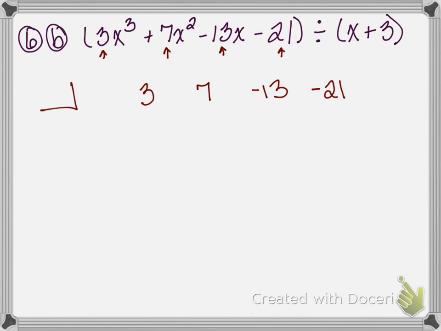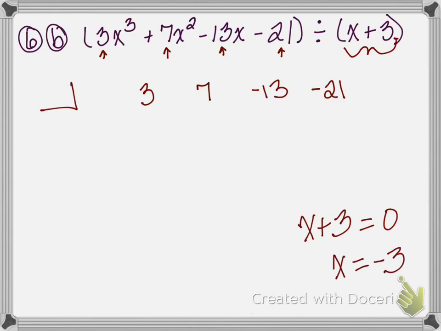Then what goes in the box is I take what I'm dividing by, I set that equal to 0. So I have x plus 3 equals 0, and I'm left with x equals negative 3. So x plus 3 is my factor, and negative 3 is my solution associated with that factor. So it's the negative 3 that I put inside my box right here. Okay? So we're going to do synthetic division.